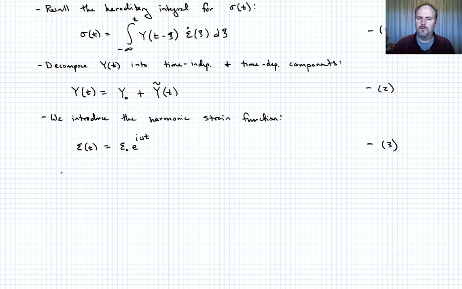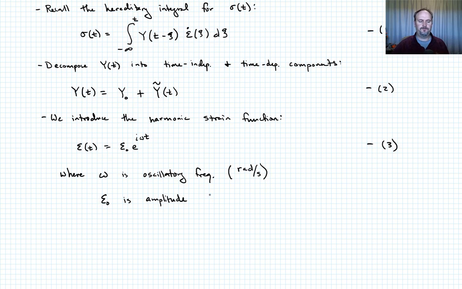What is omega? Omega is the oscillatory frequency, and it's given in terms of radians per second. And then, for formal definition, epsilon naught is the amplitude. Okay? So hopefully that's all pretty straightforward.